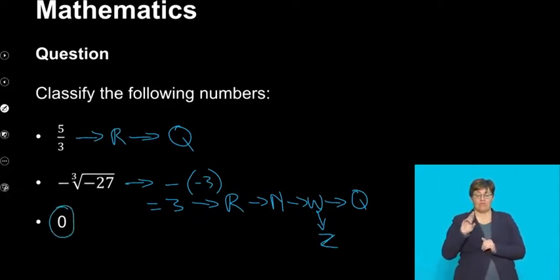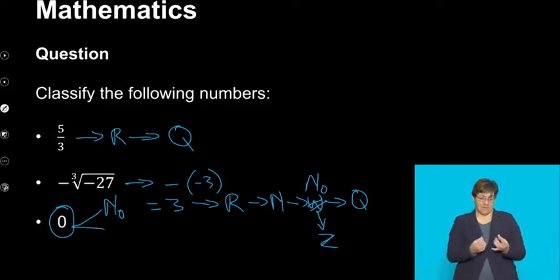And then the last number that we have is 0, which cannot be classified as a positive or negative number, but this will be a whole number, so it's N0. By the way, this N of mine here must be N0 like that, right? To mean whole number, the proper way of writing whole numbers.